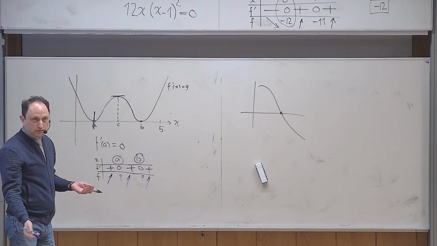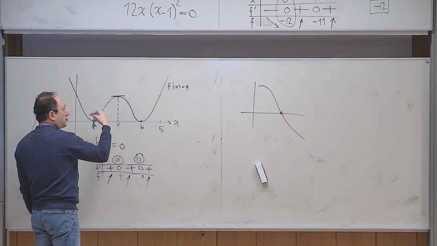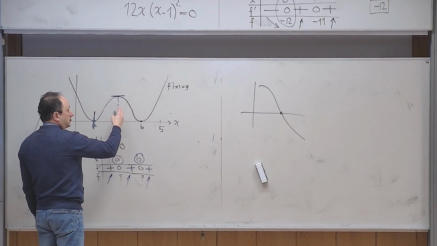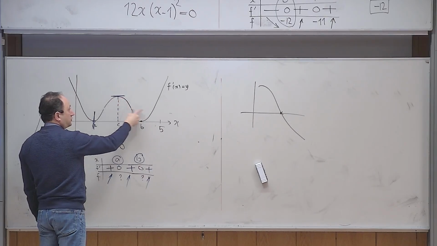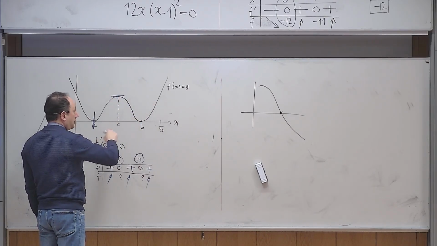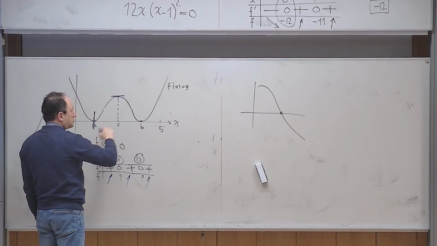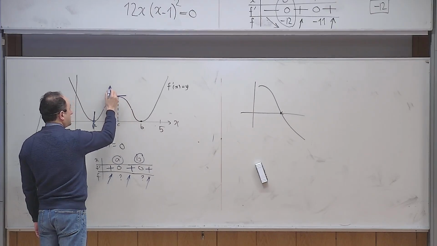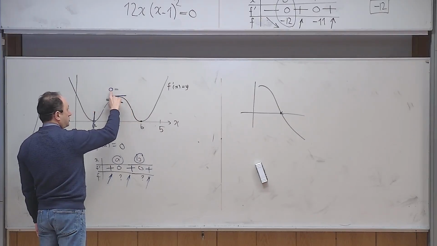F double prime. Yes? Whenever you want to find the slope of the tangent of the function, you have to take the derivative of the function and put the number there. So if I ask you what is the slope, you can see the slope is 0. So the slope is 0. But this is on the one hand, because it is horizontal, the slope is 0.